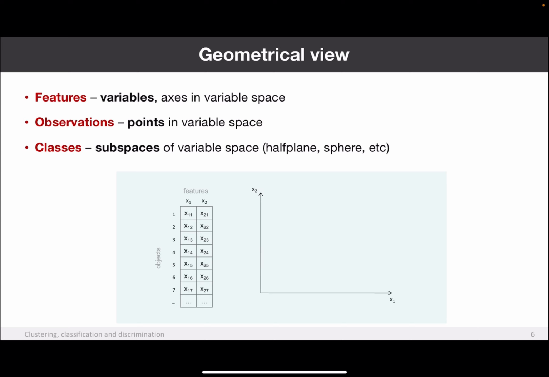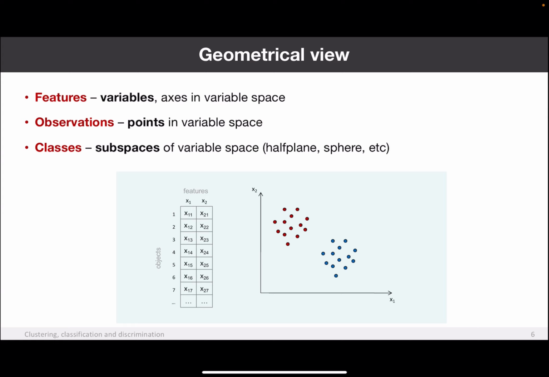For example, we have 2 variables. In this case, we have a 2-dimensional space, and then every observation is just a point in the space. Then you can see that we have clearly 2 groups of observations. So the red points and the blue points are clustered close to each other, right? So the red points are in one cluster and the blue points in the other cluster.